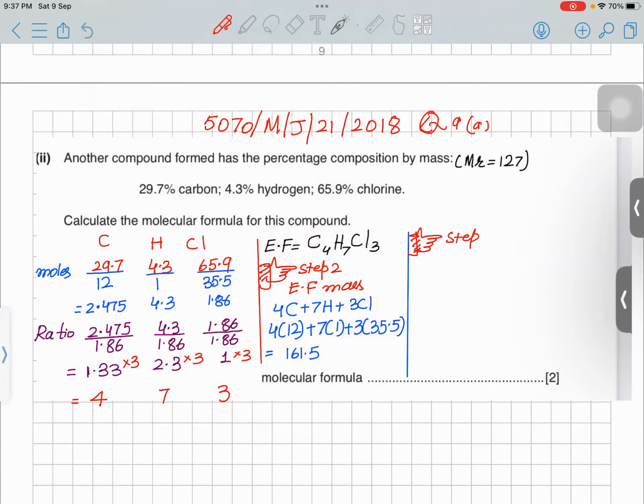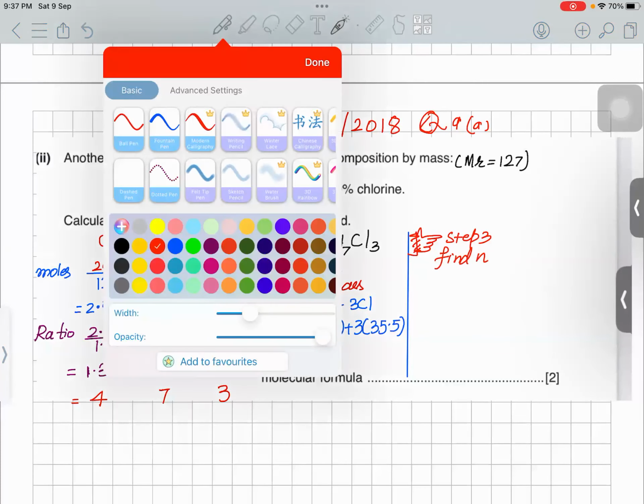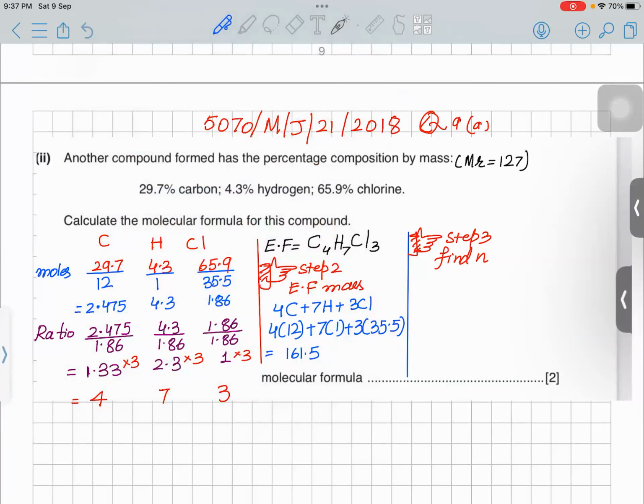Step 3, find n. n is equal to the molecular MR divided by the empirical formula mass.